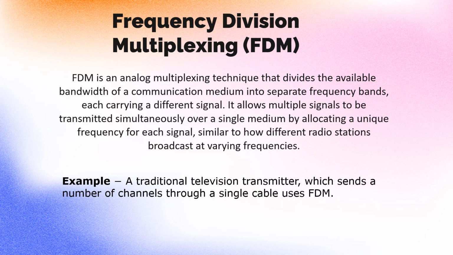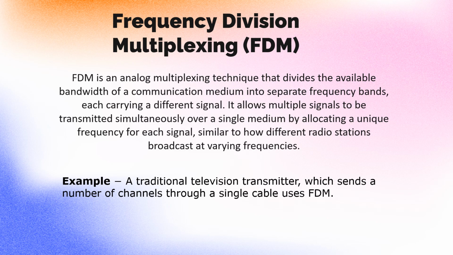So what is FDM? FDM is an analog multiplexing technique that divides the available bandwidth of a communication medium into separate frequency bands, each carrying a different signal. So where we have separate frequency bands of the available communication bandwidth, we can say that it is FDM or frequency division multiplexing.